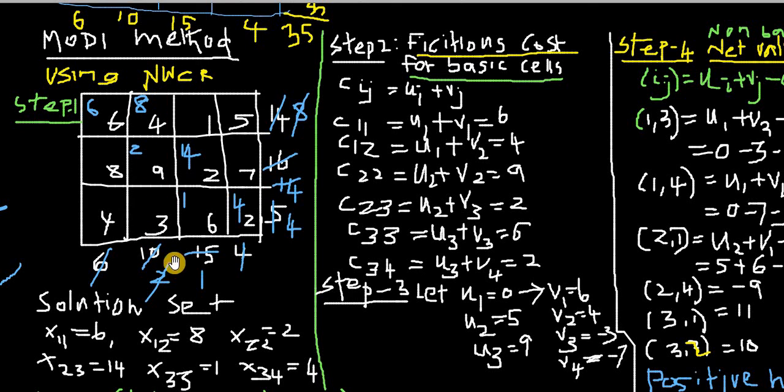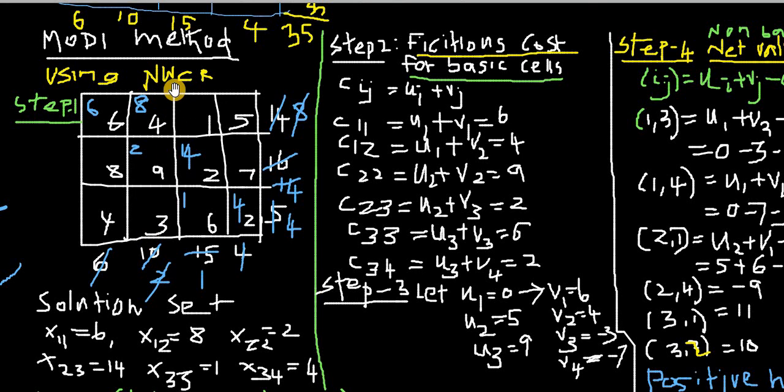So from these 16, we can allow 2 products to go to the second destination, and thus the second destination is satisfied. Out of 16, 14 items remain, because 2 items we have given to the second destination.